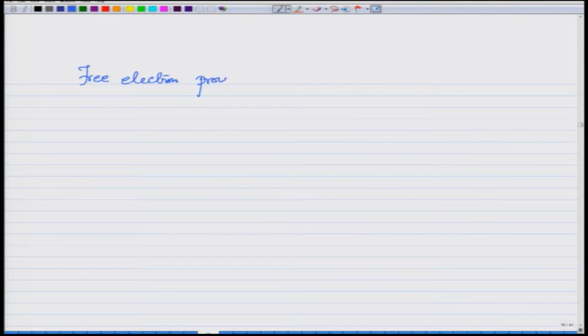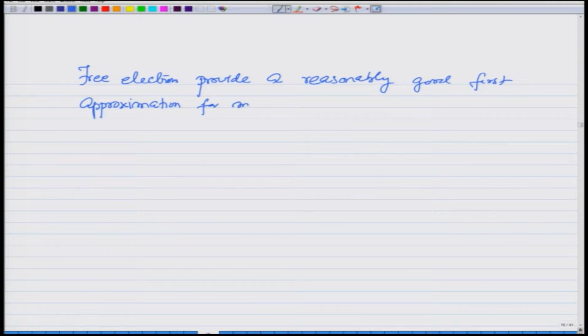provide a reasonably good first approximation for metals. And let me argue why. Metals are going to have these ions which are positively charged.